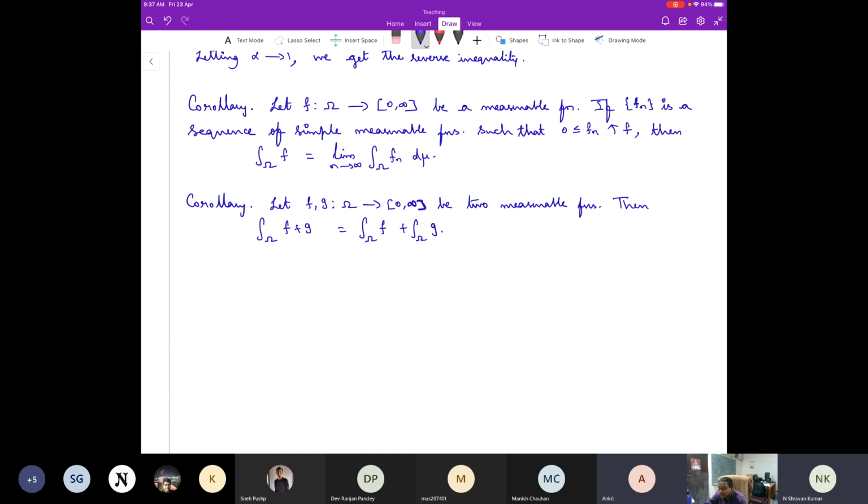Also, if fn and gn are simple, then f plus g is also simple, right? So use the previous corollary to finish the proof of this, right?